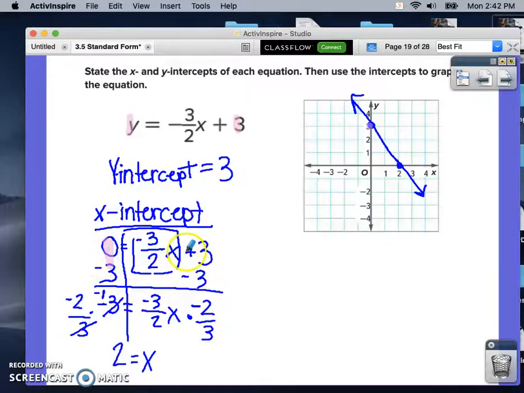And I solve. I'm going to subtract 3 from both sides. The -3. And then I need to multiply by the reciprocal. So the reciprocal of 3 over 2 is 2 over 3. So both sides need to be multiplied by 2 over 3. That would become positive 6 over 3, or you could simplify before multiplying, and it becomes 2.